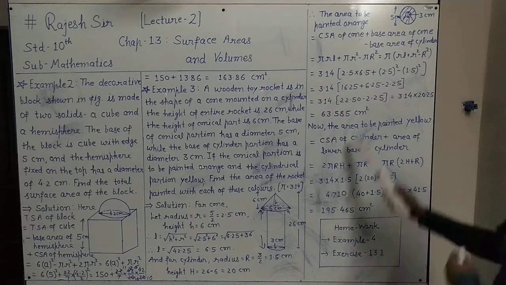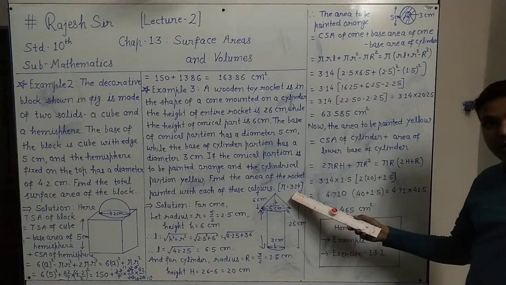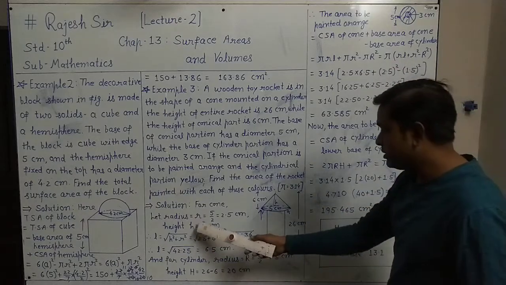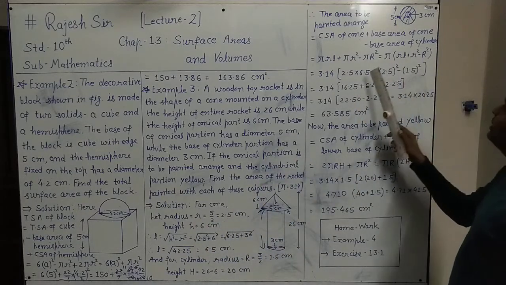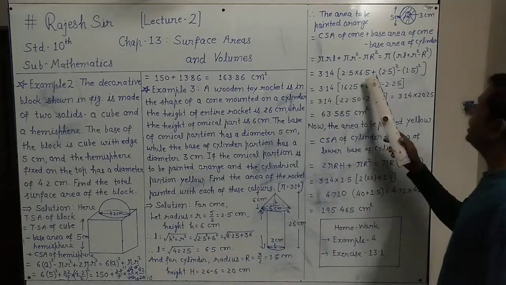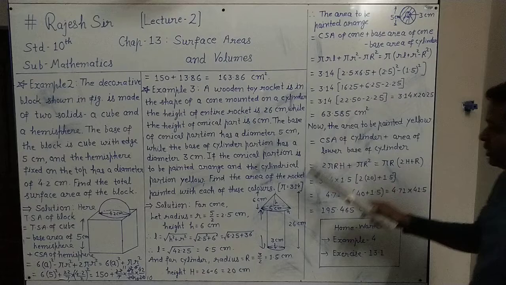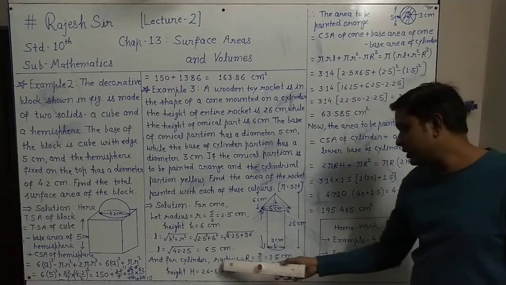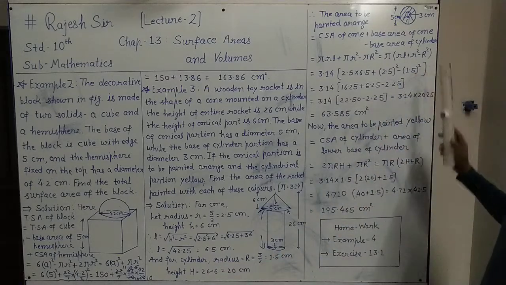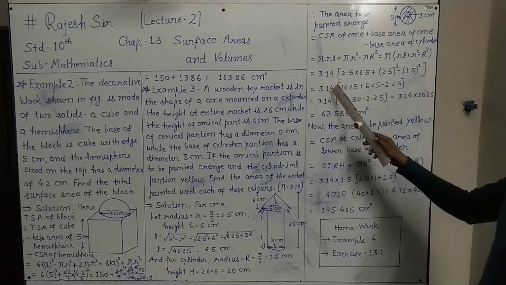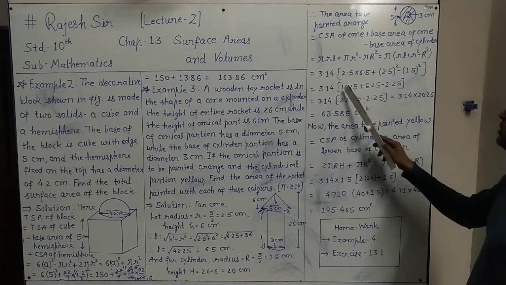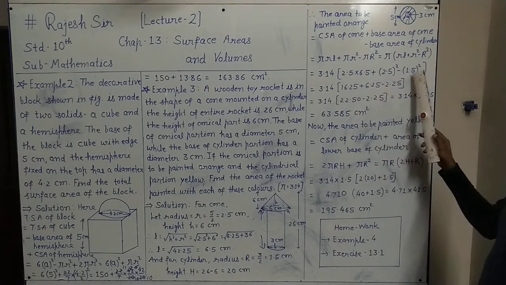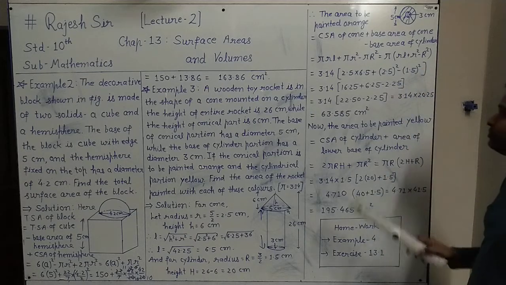Now place values: pi is 3.14, into r, the small r, the radius of the cone, is 2.5, into l, for the cone we got 6.5, plus r square, the cone radius 2.5 square, minus capital R, the radius of the cylindrical part, 1.5 square. Now simplification: 3.14 into 2.5 times 6.5 gives 16.25, plus 2.5 square is 6.25, minus 1.5 square is 2.25.